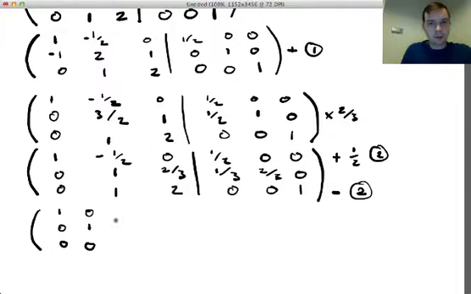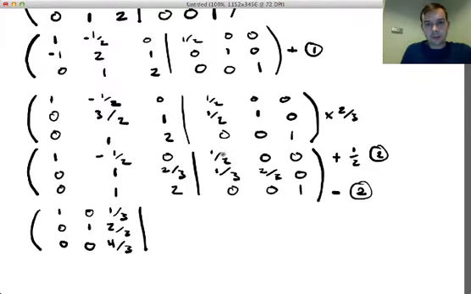That was the goal. Now I've added 1/2 of 2/3 here, so I'm going to have 1/3. I still have 2/3 in the second row, third column, and then I'm going to subtract from 6/3, i.e. 2, 2/3, and so I get 4/3 down here in that entry.